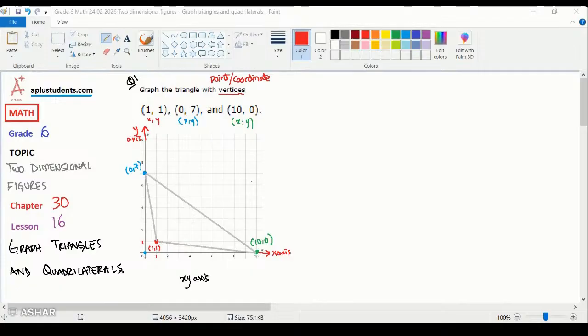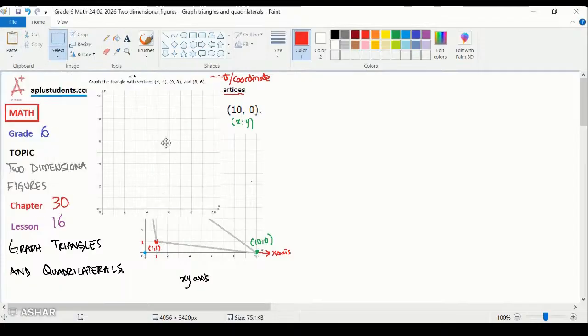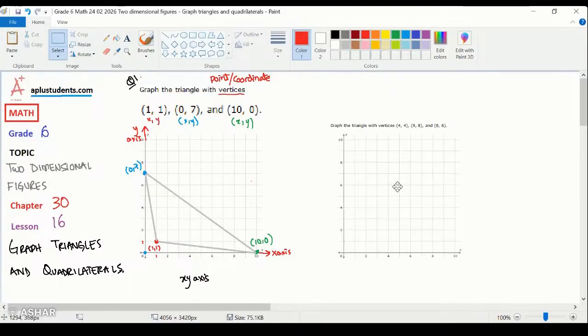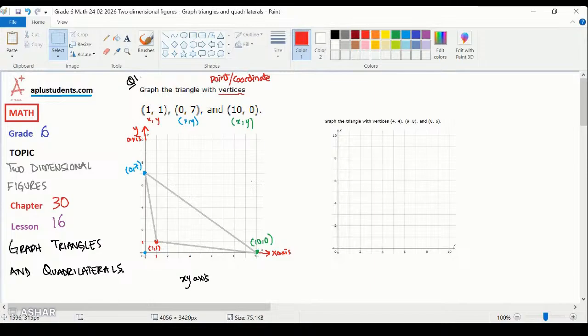Okay. Let's have a look at another example. For the next question, it says, graph the triangle with the vertices given to us. Let's say this is our question number 2, and the question states this information. Let me just copy and realign.